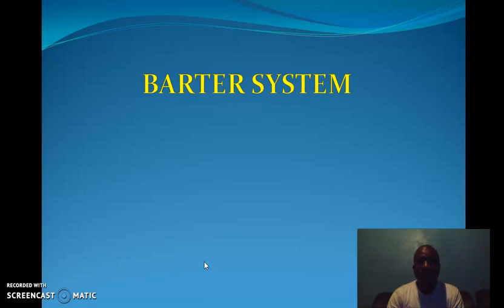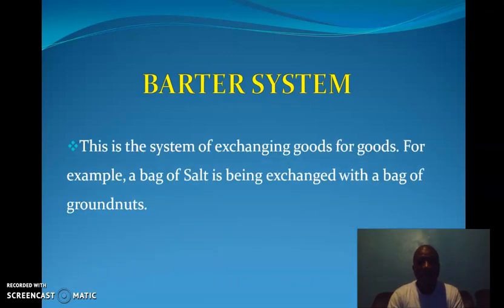We also have a third type of business transaction known as barter system. What do you understand by barter system maybe before I can explain about this? Well, this is a system of exchanging goods for goods.